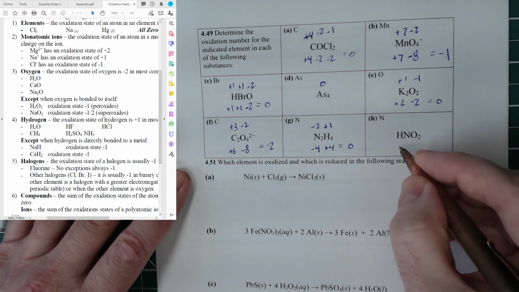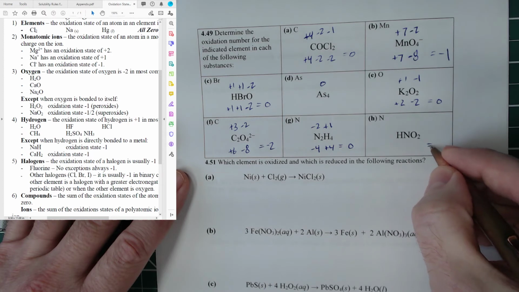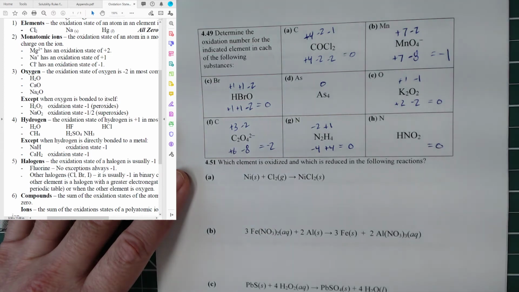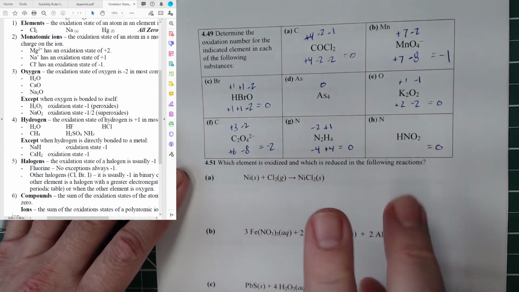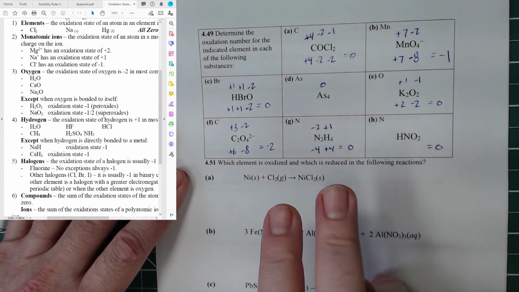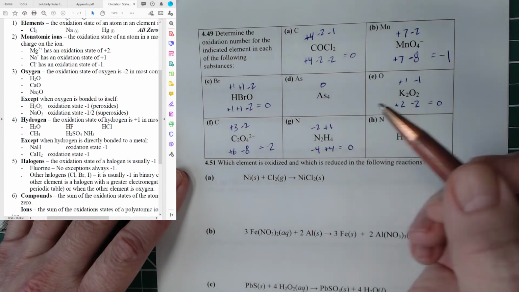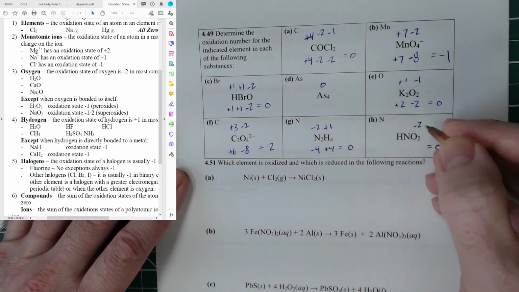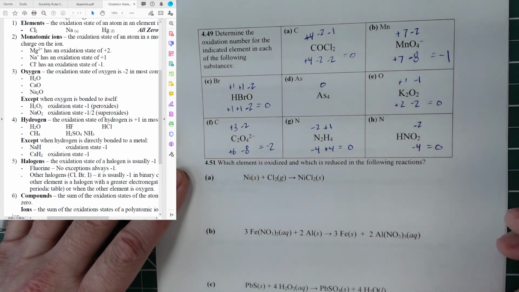All right, finally here we've got nitrous acid, HNO2. It's a neutral compound, so the sum of all the oxidation states will come out to 0. Is this an element by itself? That's rule 1. No. Rule 2, is a monatomic ion present? No. Rule 3, is oxygen present? And oxygen is present. So we'll put negative 2. Negative 2 times 2 is negative 4.